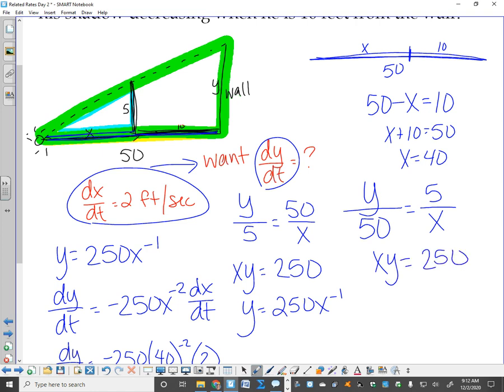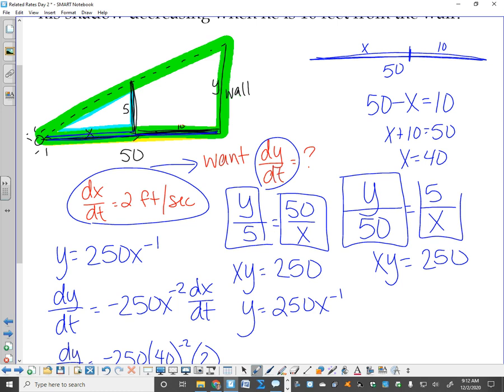So I did a backbone ratio and a bottom ratio. This is a big triangle ratio to a little triangle ratio. Either way, however you want to organize your information, you'll still get the same equation.